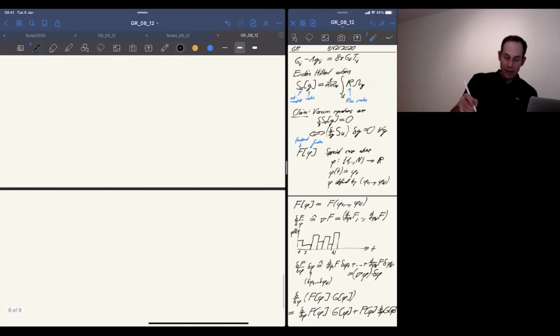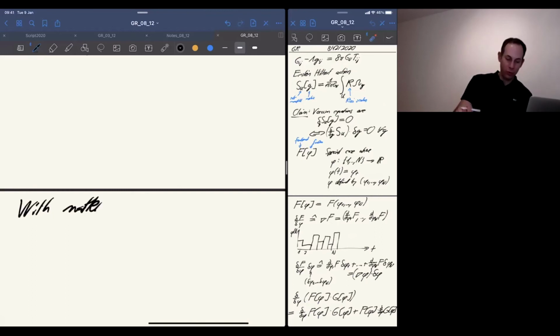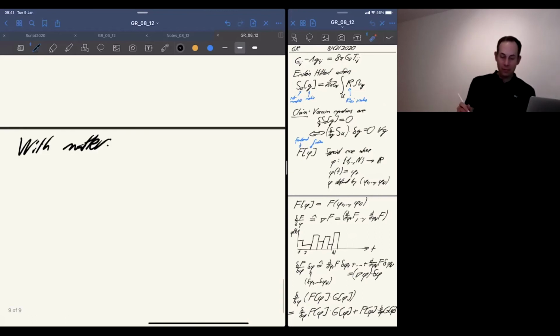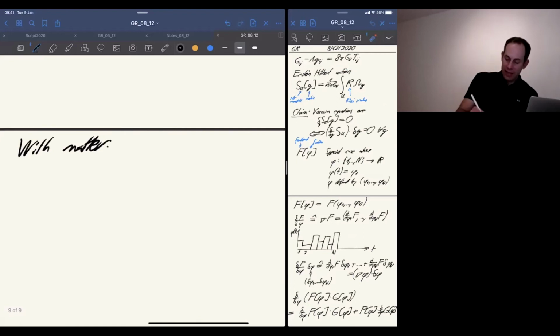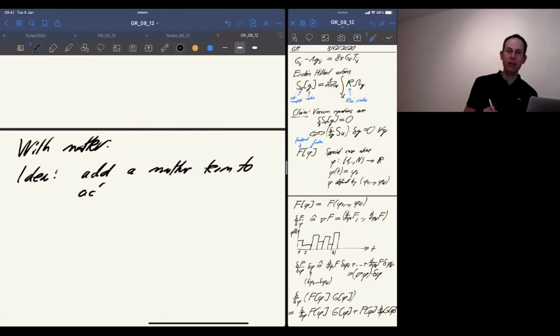Now, if we look at matter again, which is of course something we wanted to do, then the idea is we just add a matter term to the action.